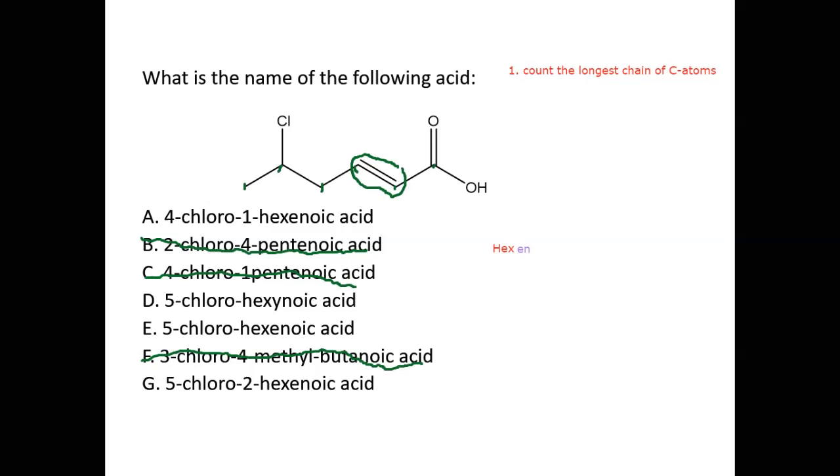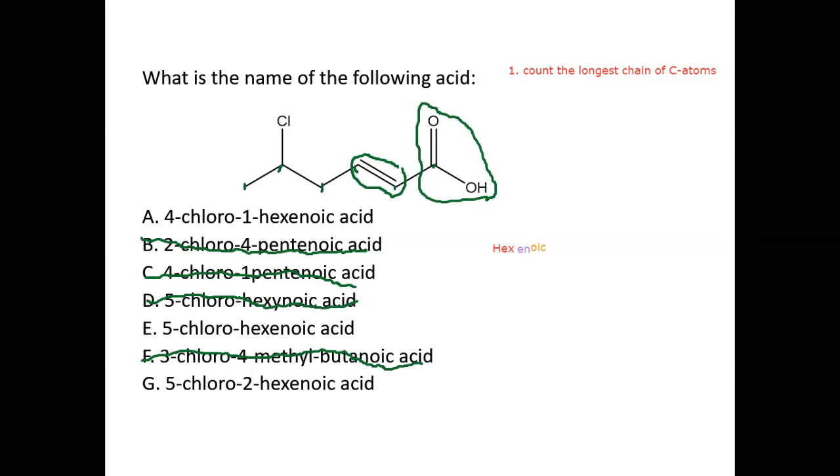So this one has hex with the en, we keep it. This one has hex with a yn, we drop it, because that doesn't mean double bond. We have hex with an en, we keep it, and then hex with en. So we narrowed it down to 3. And since it's only got one carboxylate group, we just use oic. So far we have hexanoic acid.